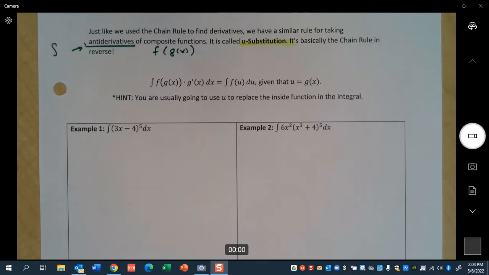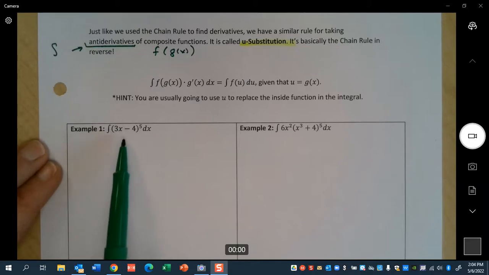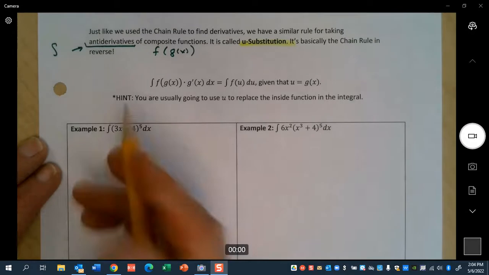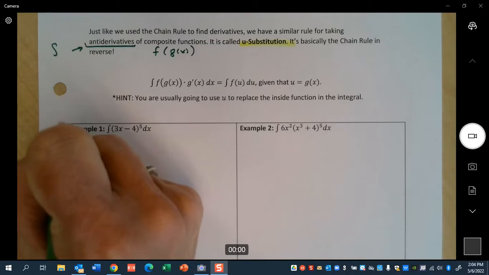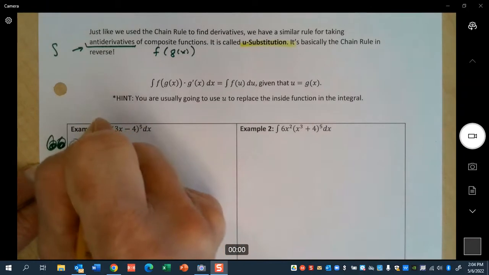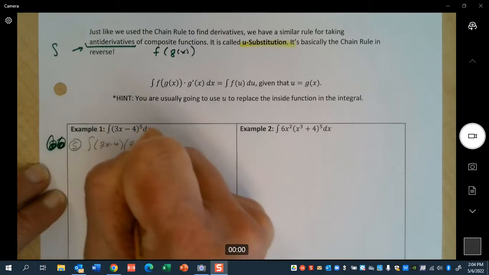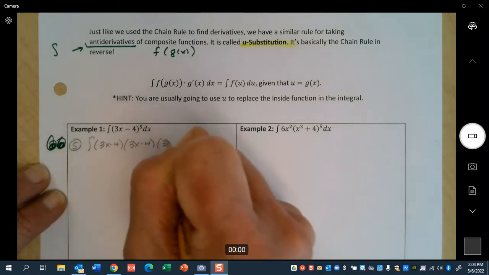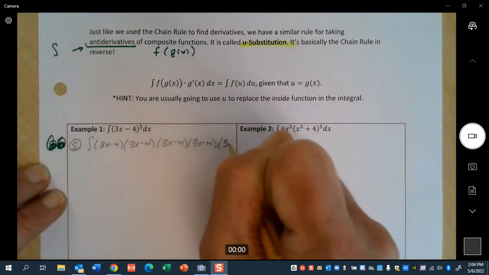All right, so let's think about this function. And we don't know how to do this. If somebody said, well, why don't you simplify it first? Remember the rule, look for ways that you can simplify it. Then this means you need me to find the integral of 3x minus 4 times 3x minus 4 times 3x minus 4 times 3x minus 4 times 3x minus 4.